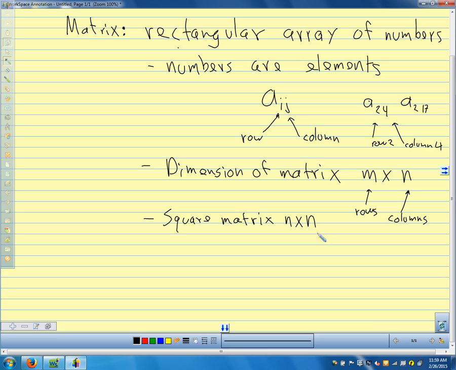The other way you'll hear the dimension of the matrix referred to is the order of the matrix. So you could say a matrix of order 2 by 3, for example. This will come up a little later, but if we had something like A11, A12, A13, dot, dot, dot, we call that a row matrix.